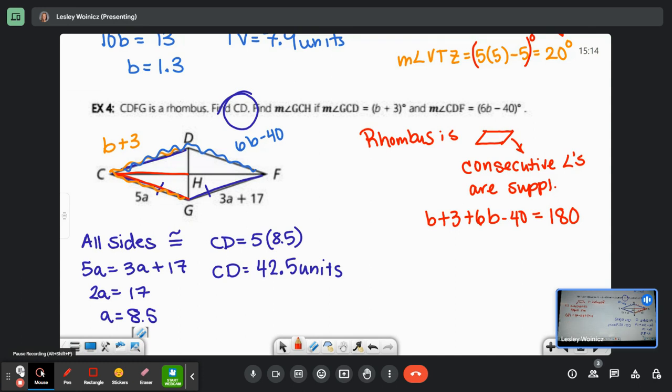Okay, so if I add 40, I'm at 220, and then subtract 3, I'm at 217.